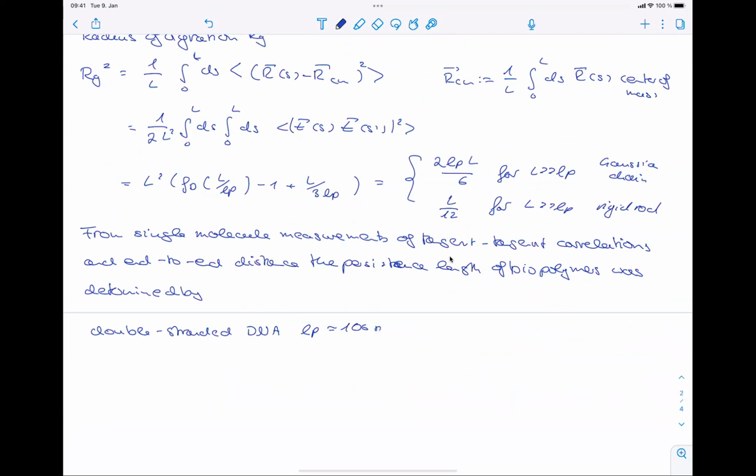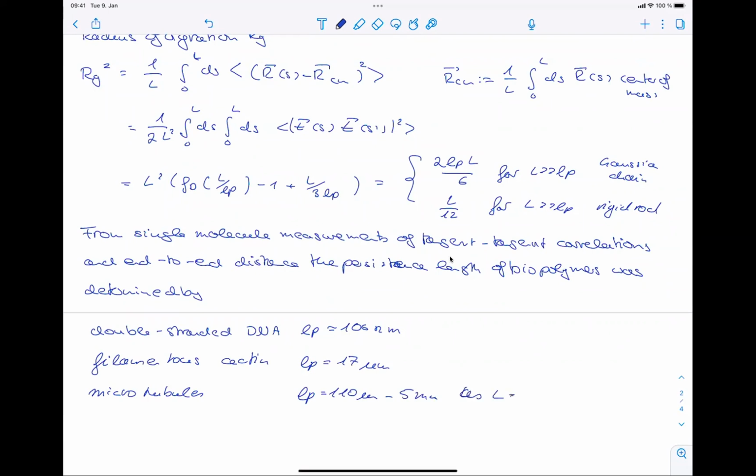Sorry, now it has to be an N and an M. For filamentous actin, this is 17 micrometers, and for microtubules, this is 110 micrometers to 5 millimeters, so it's increasing stiffness, so it has a non-native dependence, sorry, that's a 5, 6, as the length of the microtubule is increasing.